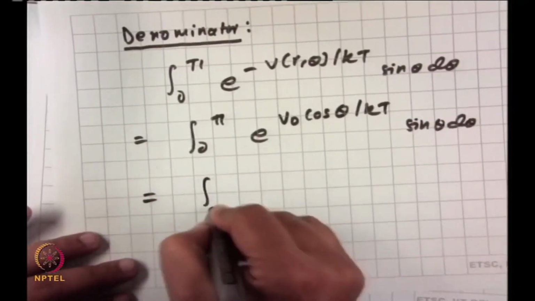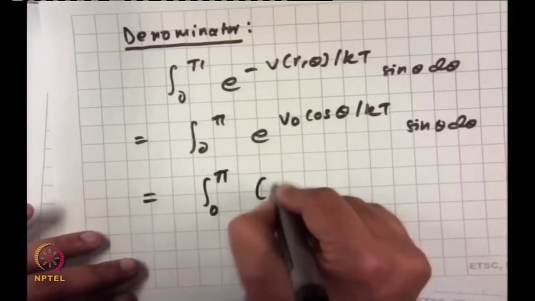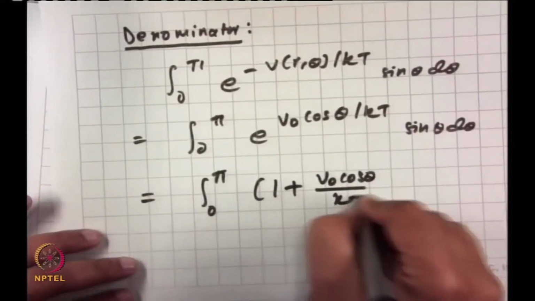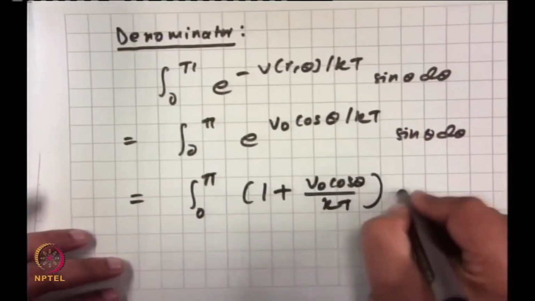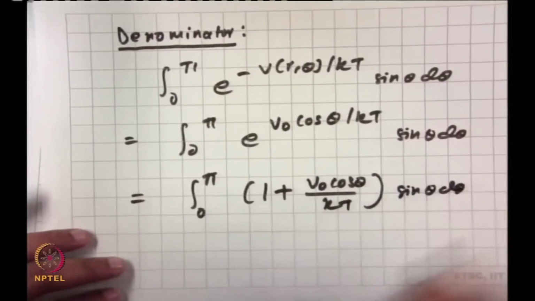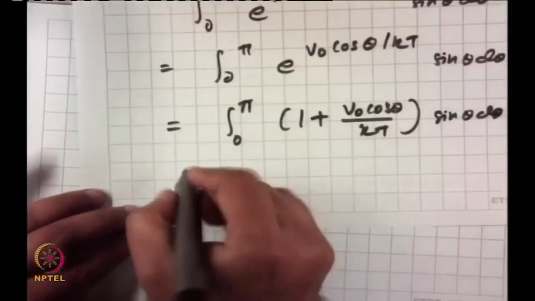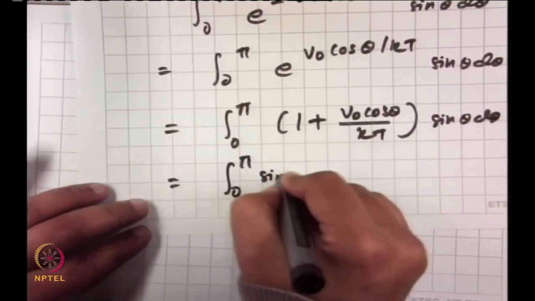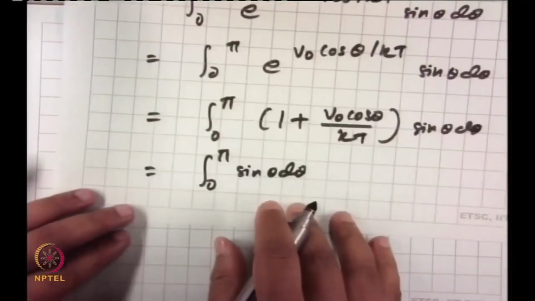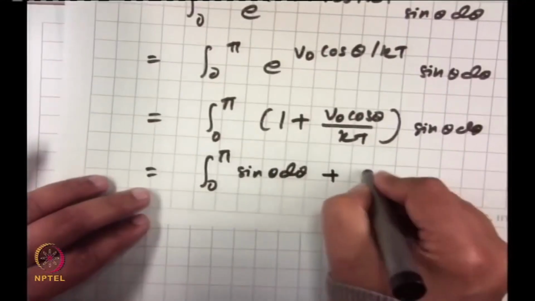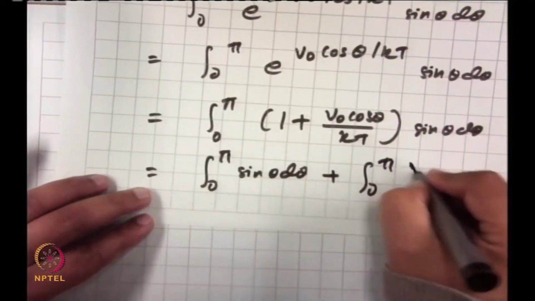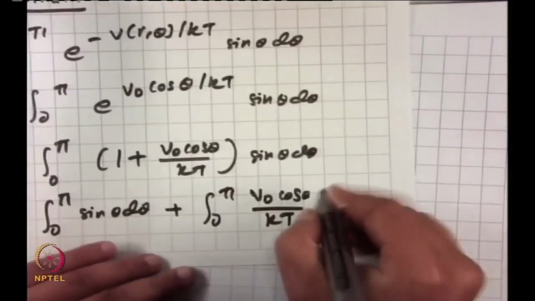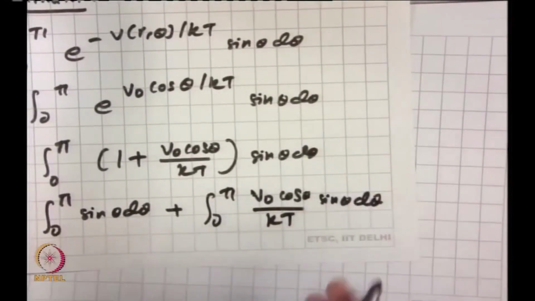and using the assumption which we have already made in the previous sheet, we can write this as 0 to pi 1 plus what? V0 cosine of theta over kT, right, times sin theta d theta, and this I can further simplify as 0 to pi, I can write the first term, sin theta d theta, plus 0 to pi V0 cosine theta over kT, then I can write sin theta d theta.